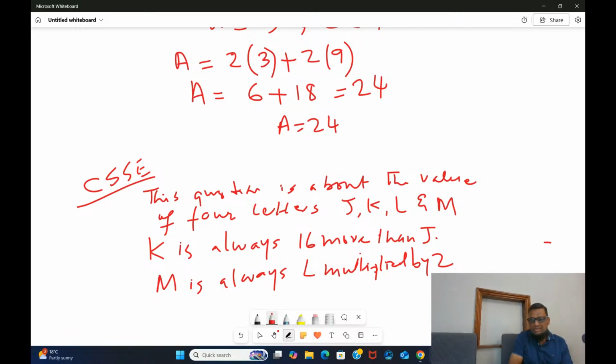So the L multiplied by 2. So these are the conditions given.